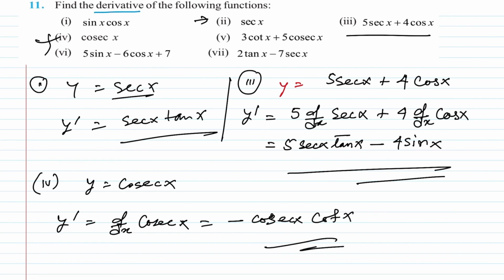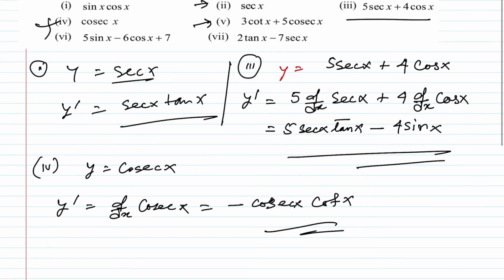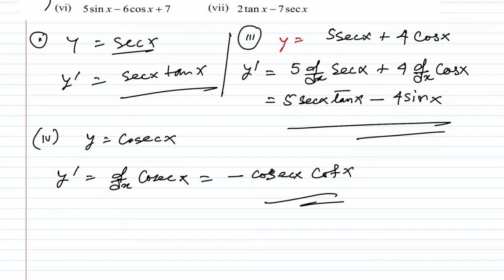It's very simple. So similarly we can solve the remaining also. Let me show it. Number 5, we need to find the derivative of 3 cot x plus 5 cosec x.